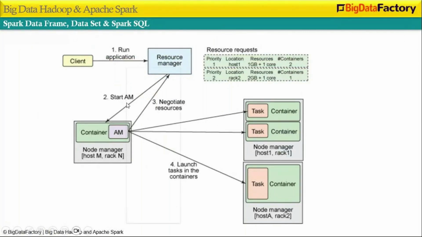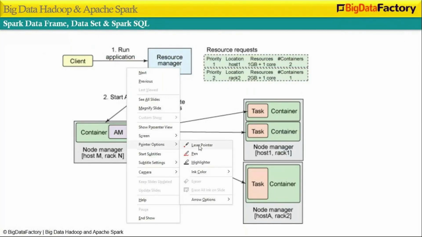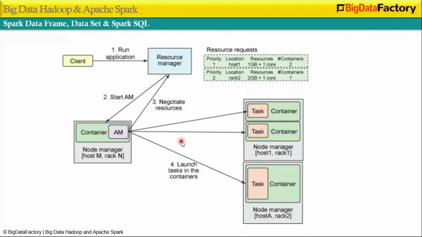Now if a client comes and wants to run a particular application, he is going to contact the resource manager, the same as in Hadoop 1 where we communicated with the name node, the master of the cluster.